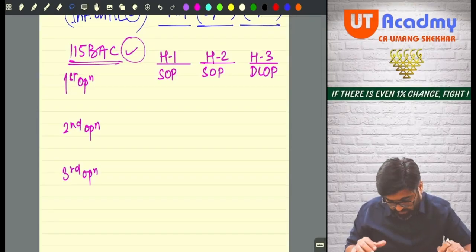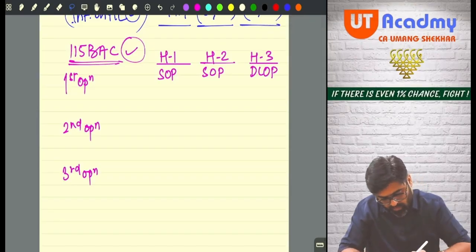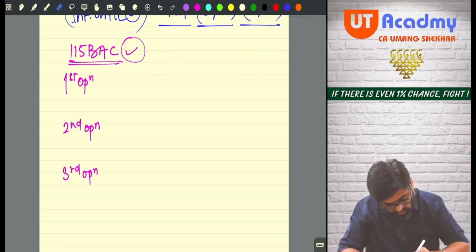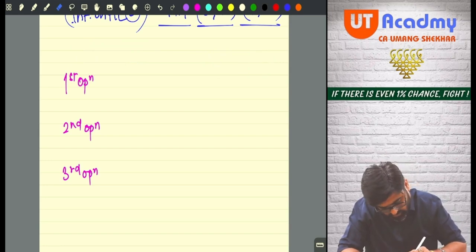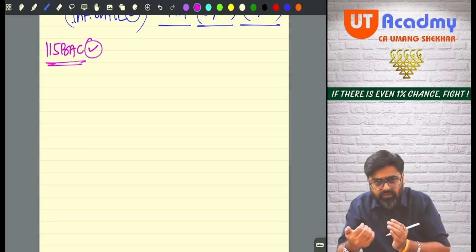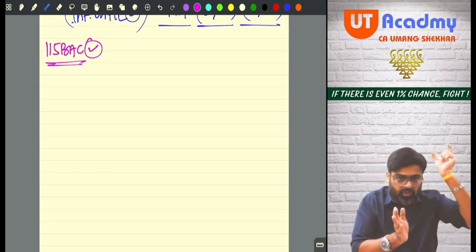I'll shift it a little bit this side. Wait. I will write down a little bit this side. If I follow 115 BSE, same thing I'm writing, but shifting this side so that I get the final total column also.